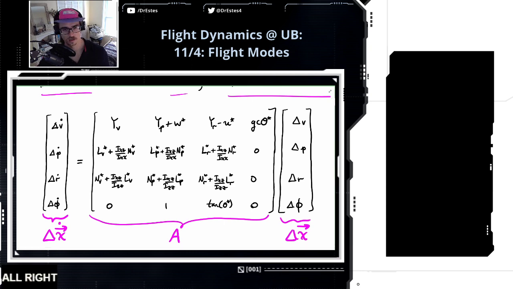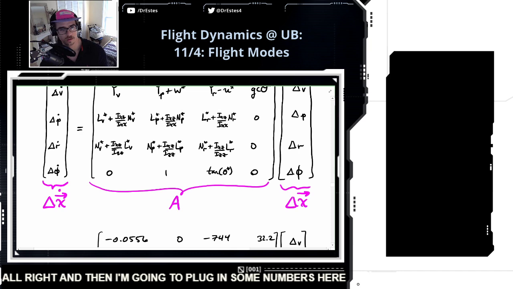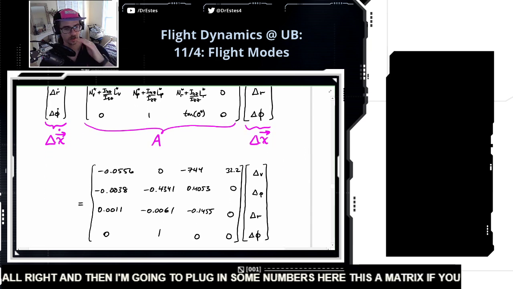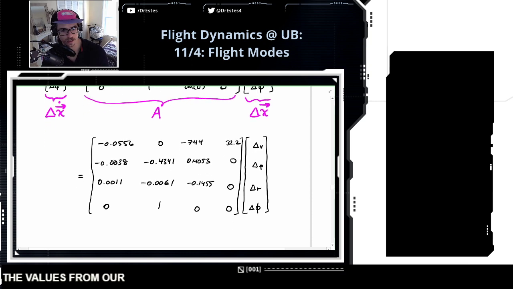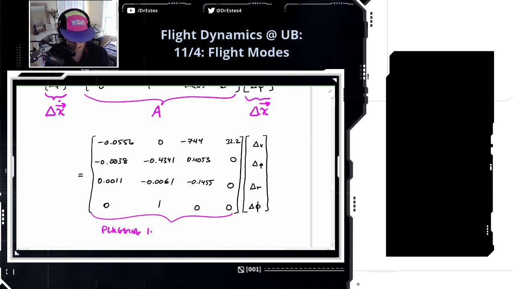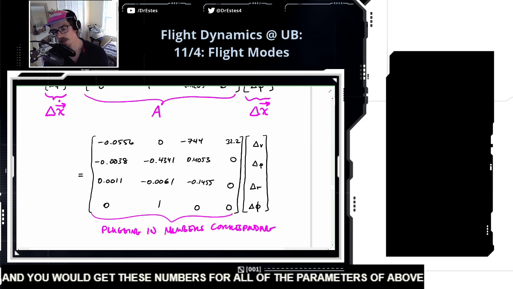All right. And then I'm going to plug in some numbers here. This A matrix, if you plug in the values from our reference flight condition, you would get these numbers for all of the parameters up above from a table.